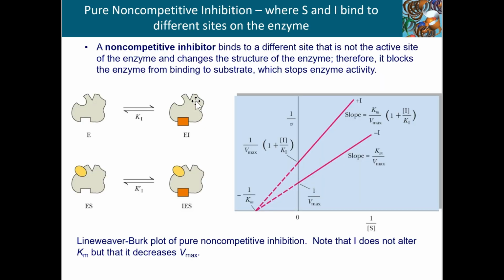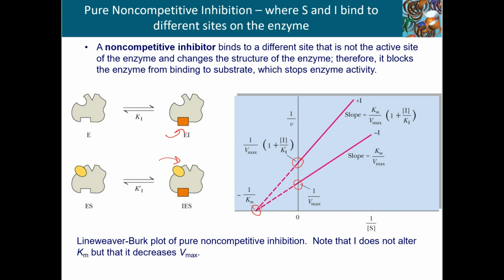Let's look at pure non-competitive inhibition. So this is, remember, when the inhibitor binds a site on the enzyme other than the binding site, altering the way it can interact. And in pure non-competitive inhibition, we see no change to Km, but we do see changes to Vmax.